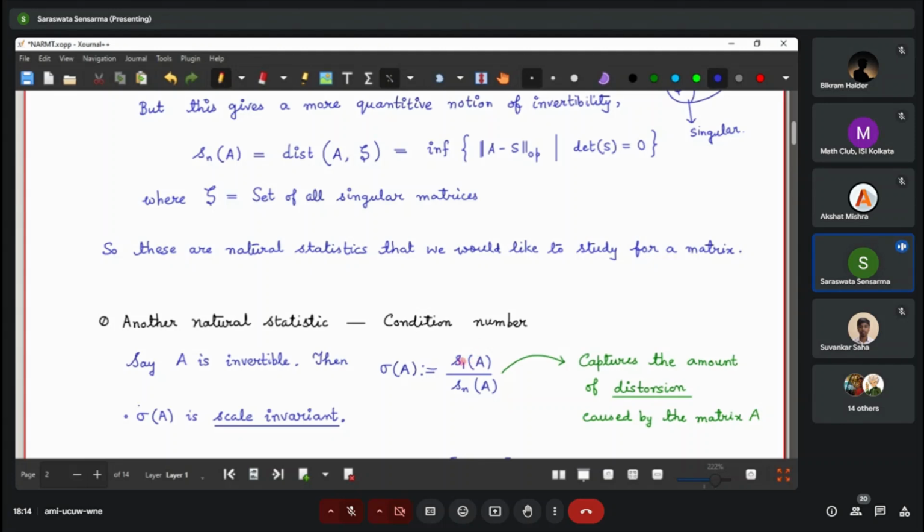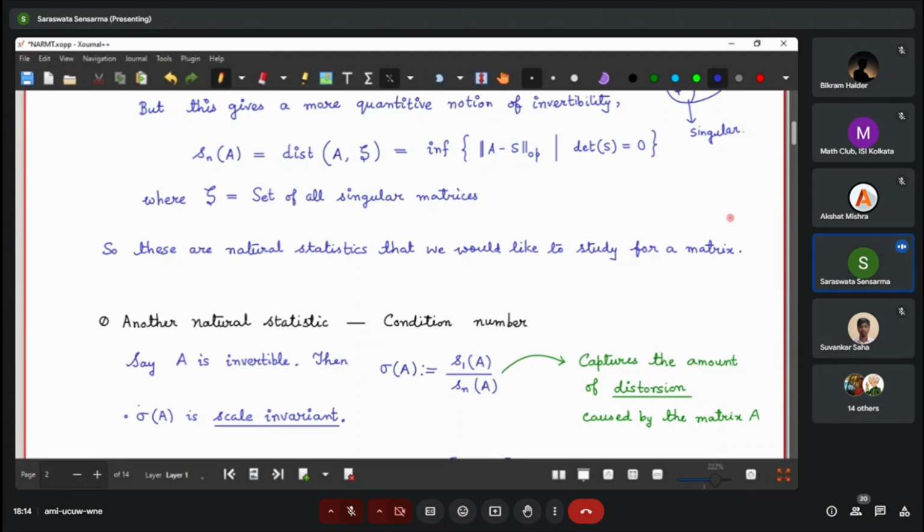The moment you take a map from R^n to R^n by multiplication by this matrix, this is how large a vector can become, and this is how small a unit vector can become. So this measures the distortion, which is evident from our previous diagram.